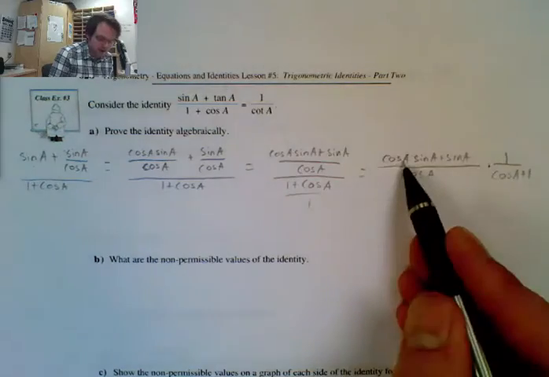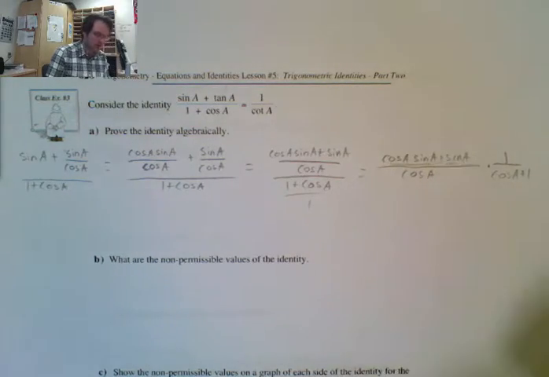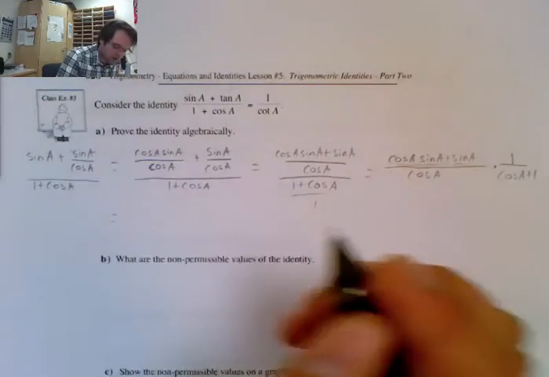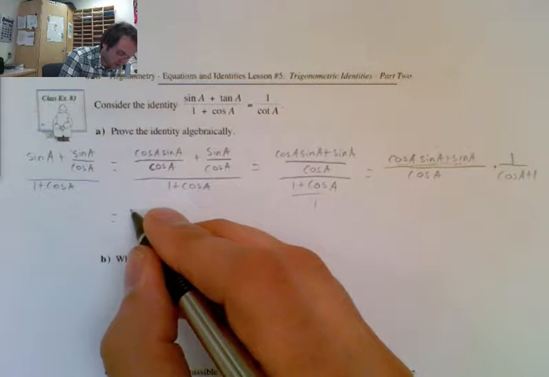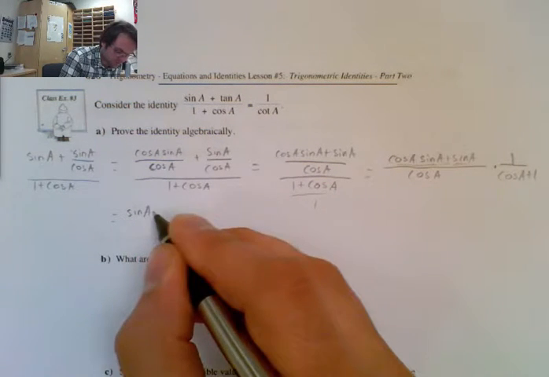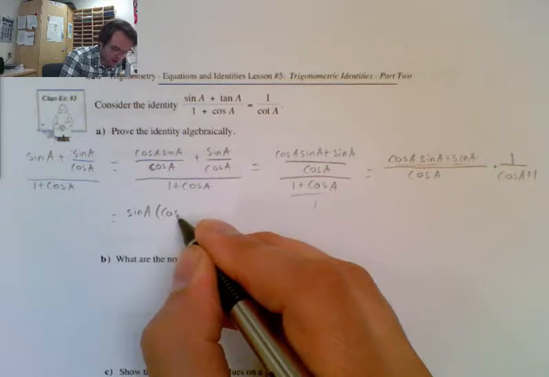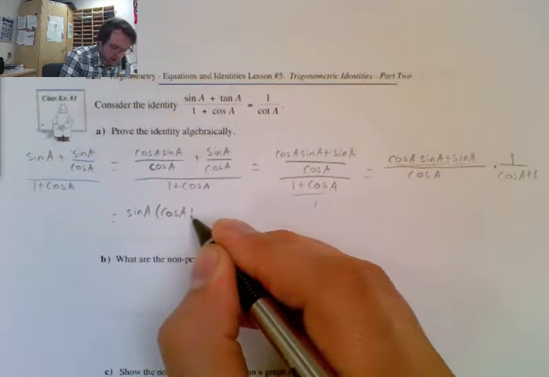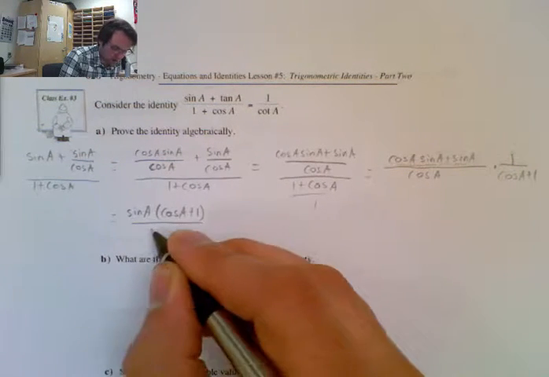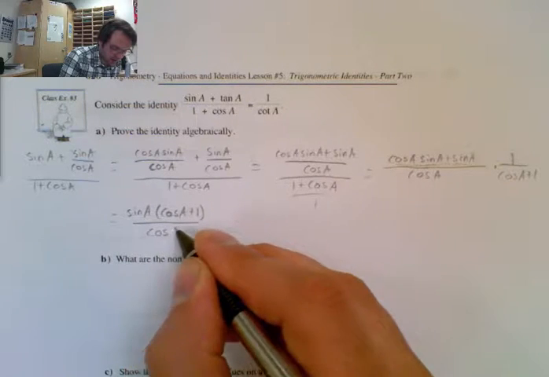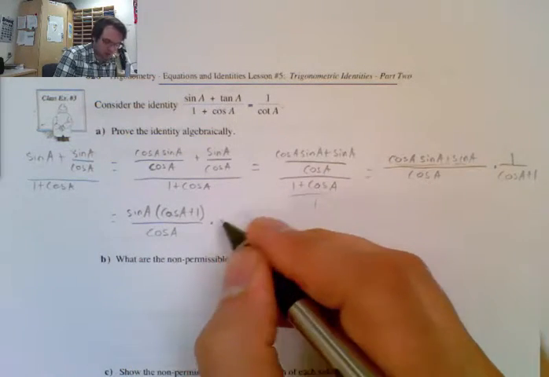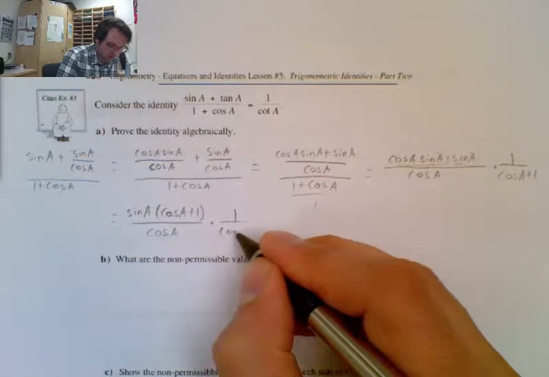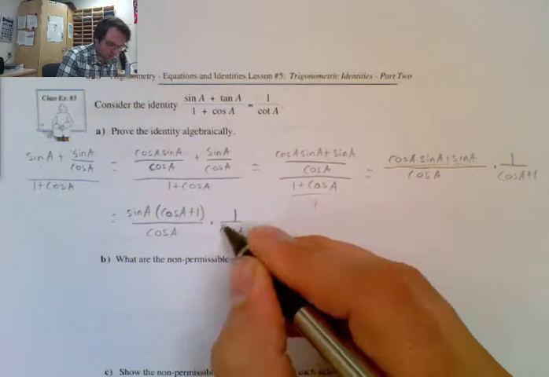So I look at this here. I could factor out of this a sine a. So I'm going to be equal to, we're going to have sine a multiplied by cos a plus 1 all over cosine of a, and this is multiplied by 1 over cos a plus 1.